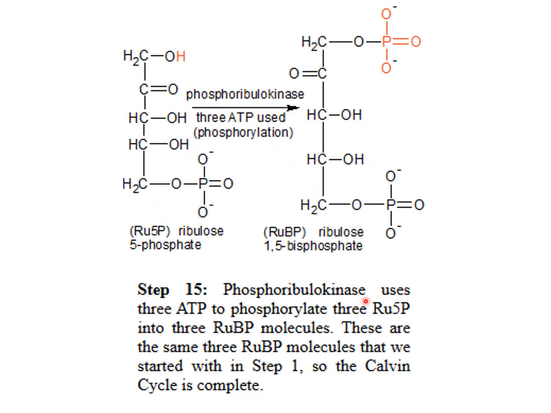Phosphoribulokinase, the enzyme, uses 3 ATP to phosphorylate 3 Ru5P into 3 RuBP. This is the regeneration step of ribulose bisphosphate. These are the same 3 RuBP molecules that we started with in step 1. So the Calvin cycle is now complete.